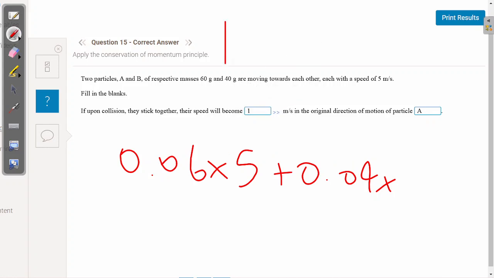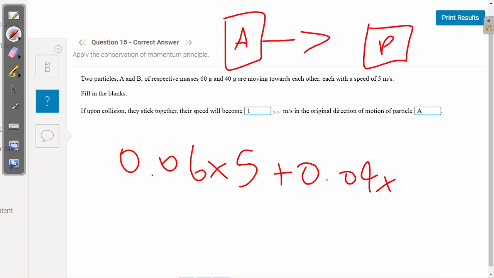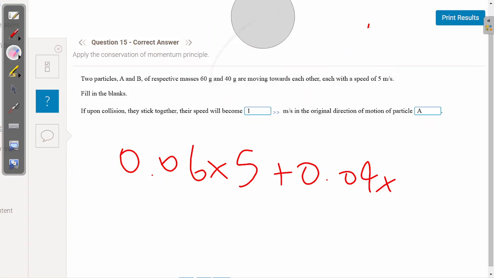A is going like this, 5, and B is going like this also 5. But one of them is moving in the positive direction, one of them is negative 5. You can choose which one you want to be negative, but I chose B to be negative, so negative 5.